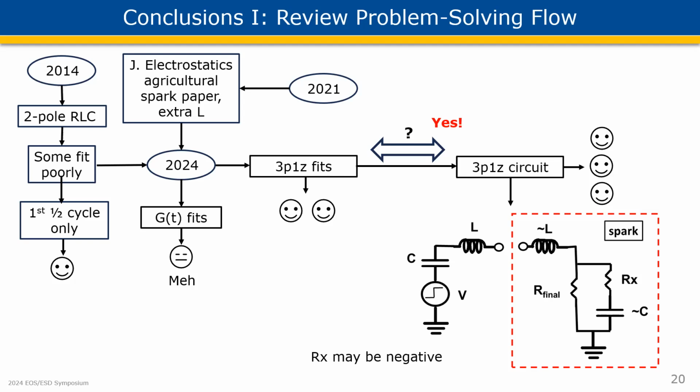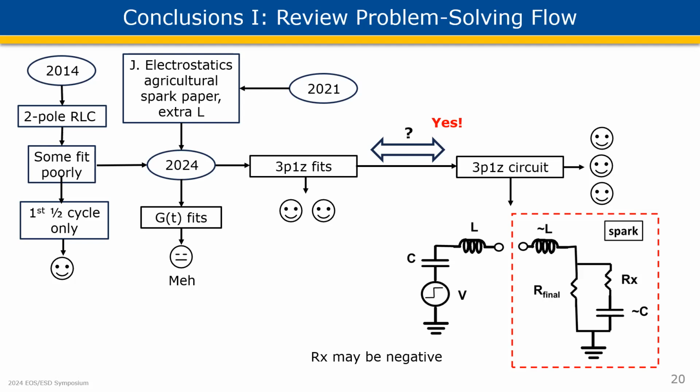The G of T fits to our waveforms were not all that satisfying, and we proved through certain measurements that we have to have some kind of reactive element in the spark regardless.